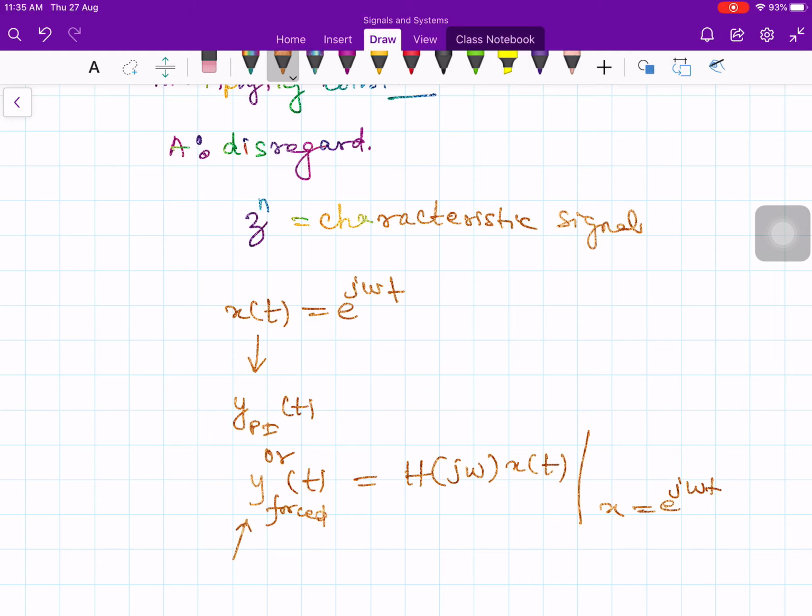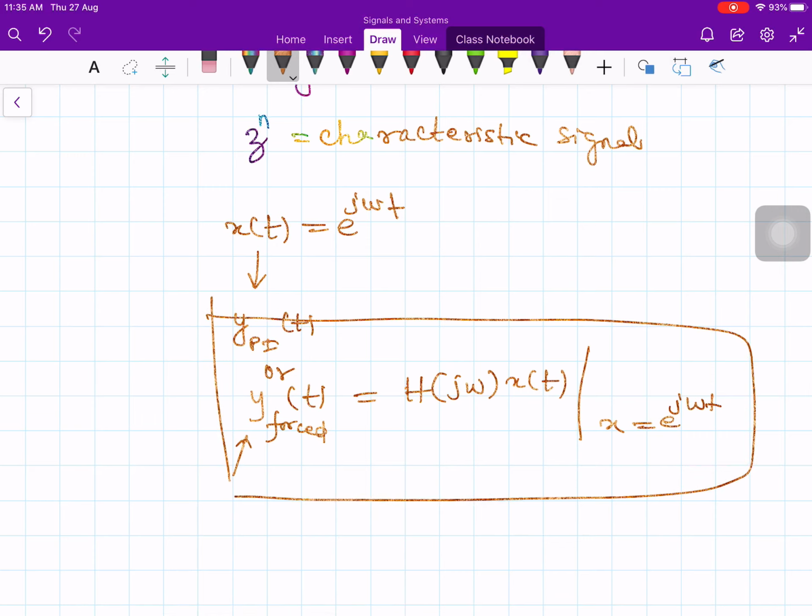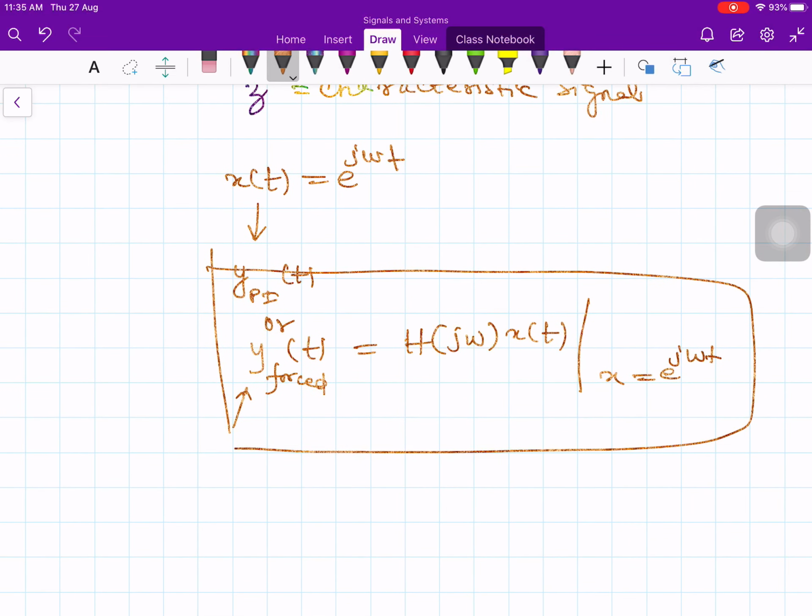This is the forced response. Now, this relation is important, recall from the previous lecture. Whenever we are talking about sinusoidal excitations, then the forced response is equal to h of j omega times x of t.